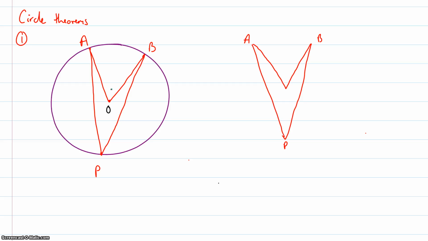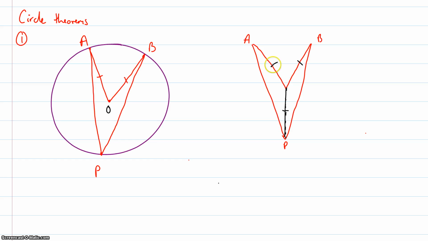What I'm going to do is draw this little diagram here, so A, P, B, and with the center at O. I do know that the radius is the same everywhere, so I know that those two are the same. And if I skip over to this diagram over here, which is the same thing just without the circle, I know that those two are the same, and I also know that this line in here is the same as well, because it's just the radius of a circle.